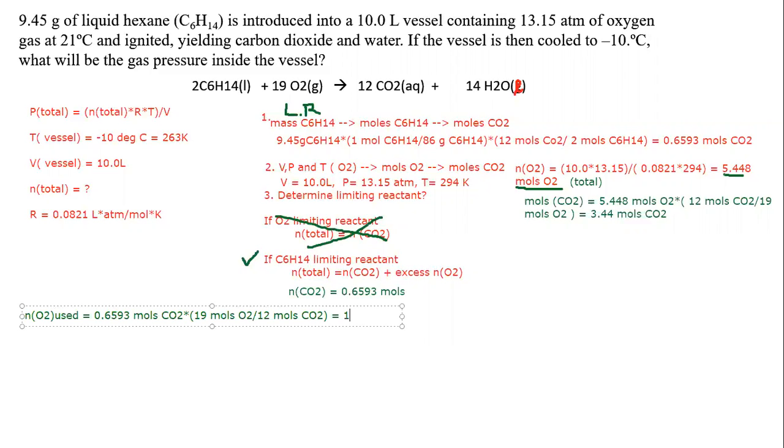And we get this many moles of O2 were used. So now we have the moles of O2 that were used. We have the total moles of O2 that we started with, so we can find out how many moles of O2 are in excess. So that would be 5.448 minus 1.0439. And this will give us the moles of O2 in excess.